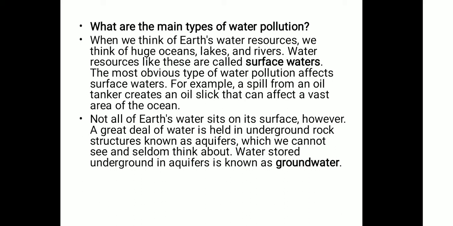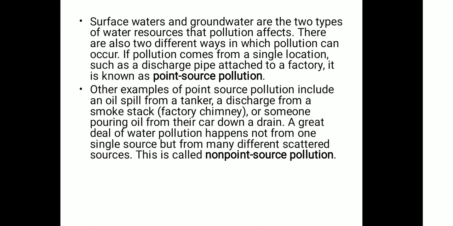We get underground water by many processes. Water stored underground in aquifers is known as groundwater. So some proportion of water is also available as groundwater. Surface waters and groundwater are the two types of water resources that pollution affects.